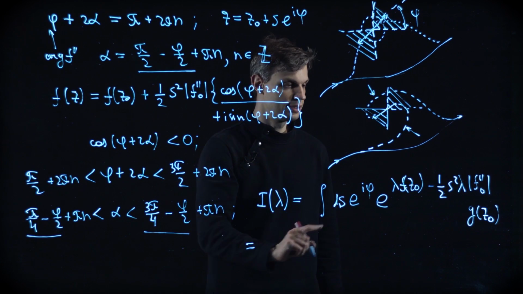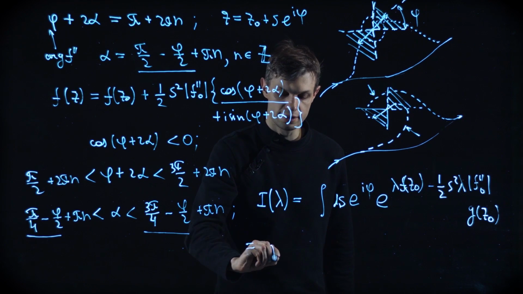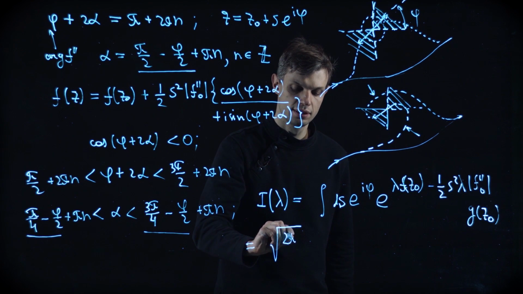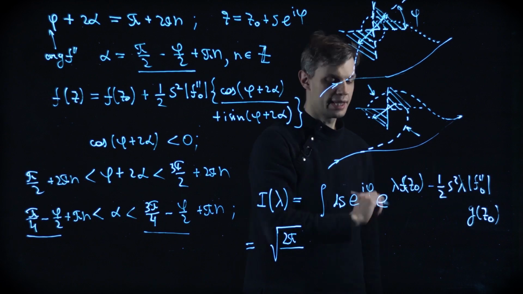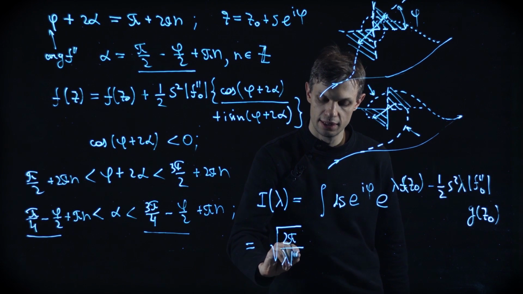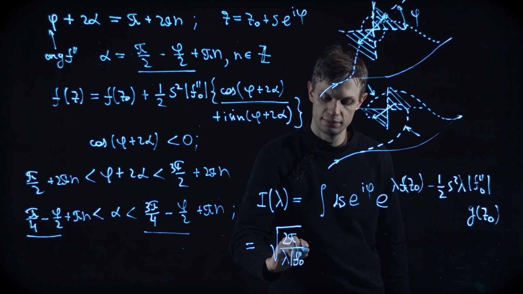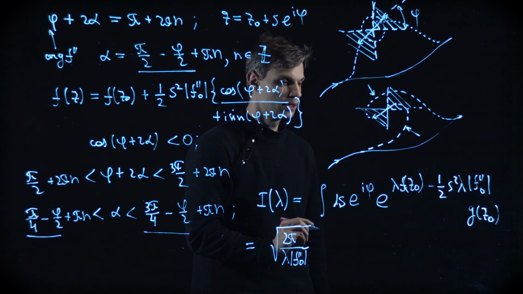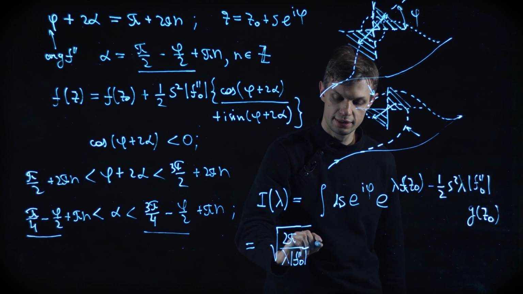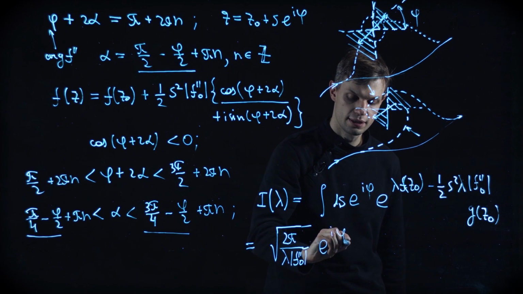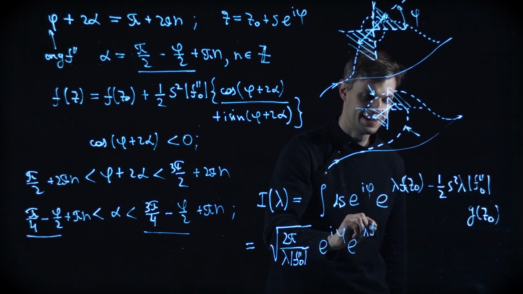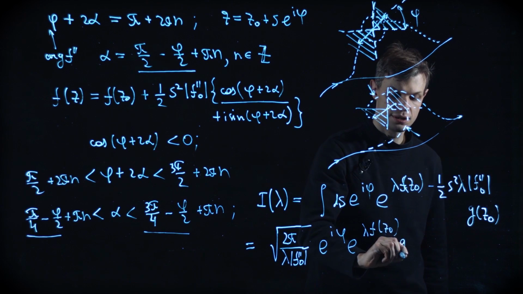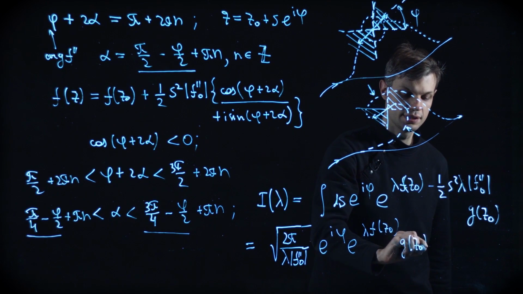So the Gaussian integral, it's square root of 2 pi by lambda f prime prime naught, and e to I phi e to lambda f of z naught g of z naught.